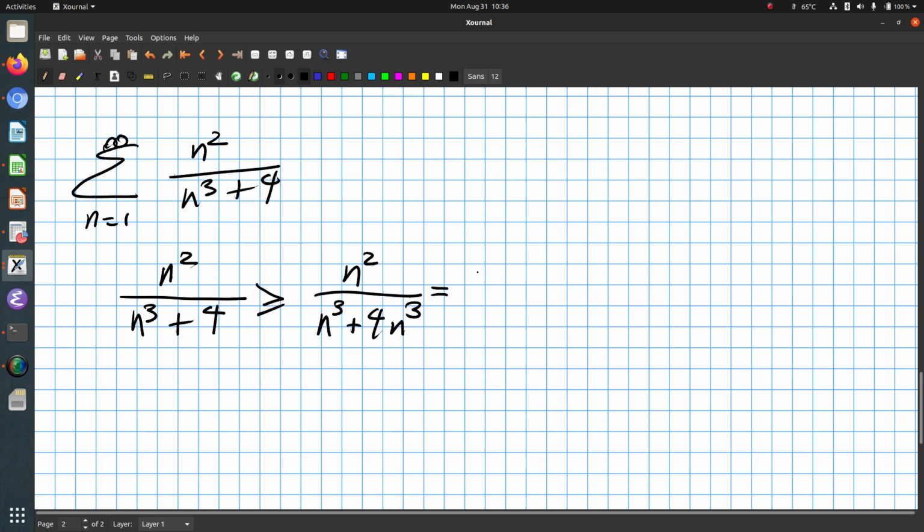Okay, but having done that now, notice what I've done. I now have a common factor of n cubed in the denominator. Okay. Now, this is a multiple of the harmonic series, which we know diverges.